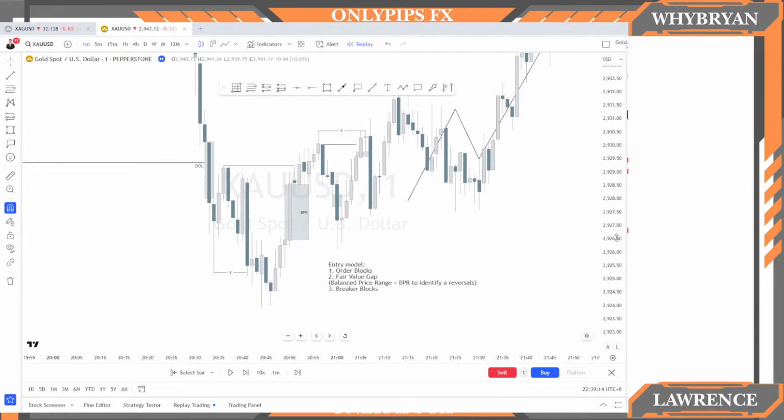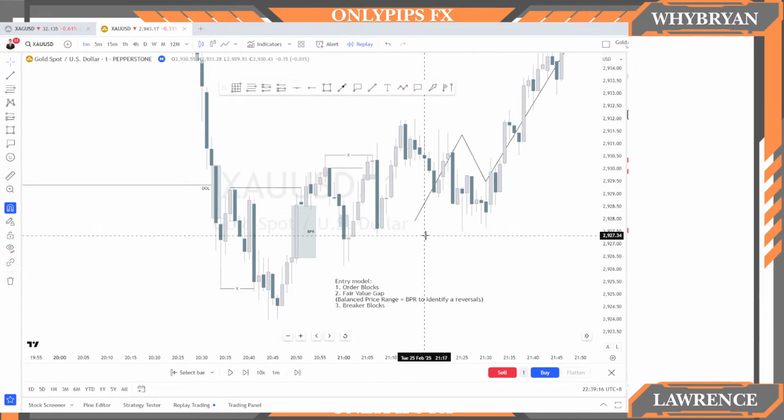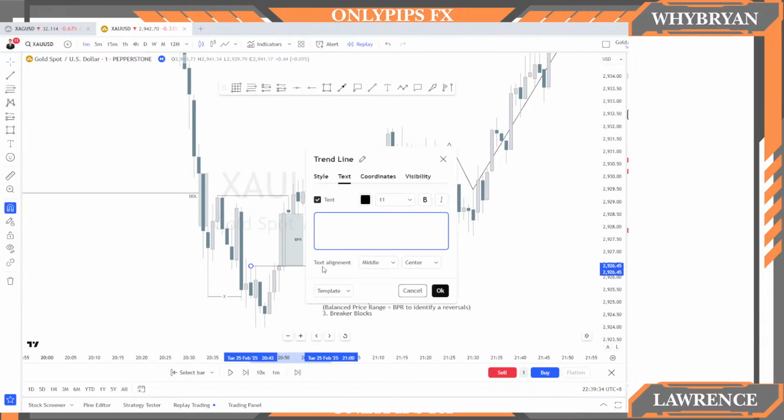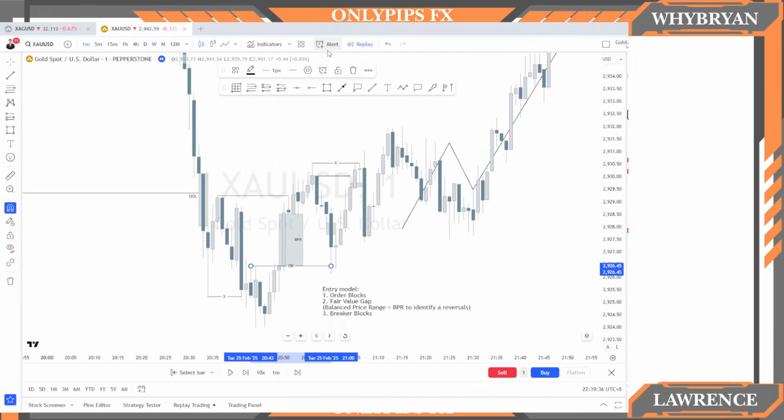The reason being, if you know more in depth about PD arrays, you can see this PD array where the price respected is the order block range. As you can see, everything is all aligned. This is the order block, and this is the order block range as well.